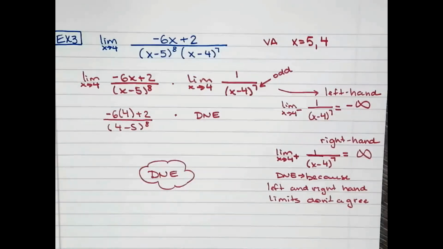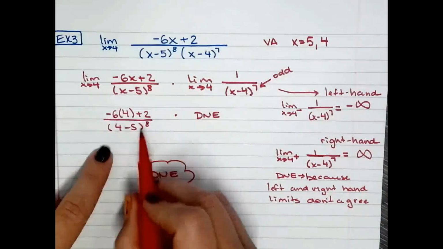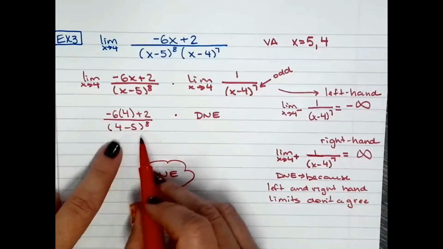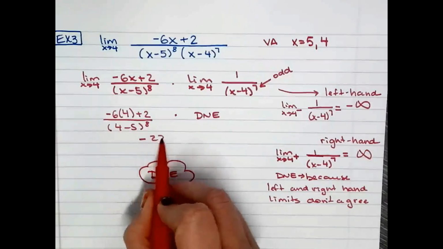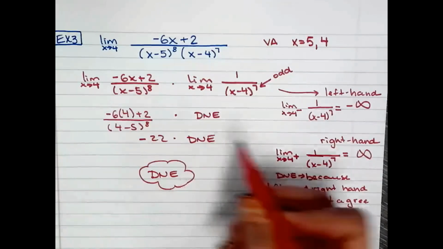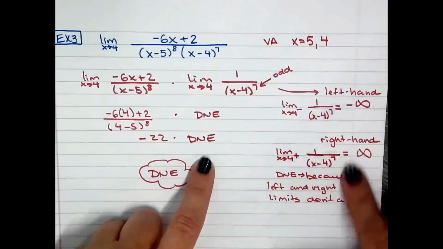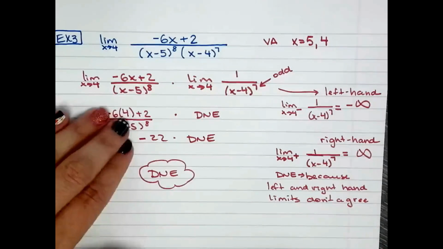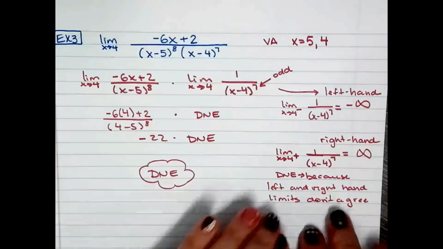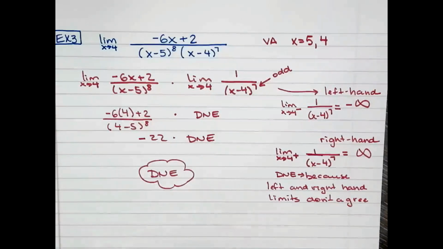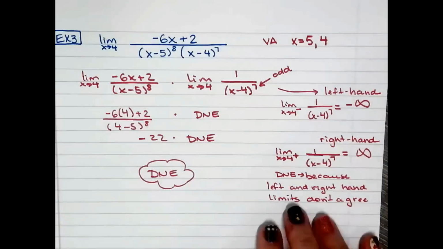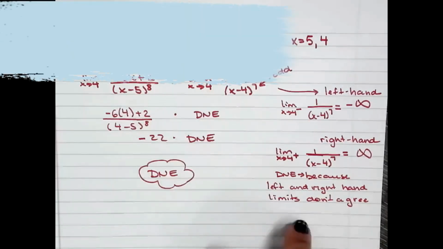It's a waste of time, but it's fine. Since we're here, negative 22 over 1 is negative 22, and still DNE just because. At this point that you already determined that this limit doesn't exist, there's no reason for you to continue. Just make sure you justify that the two limits don't agree, therefore the limit as x approaches 4 doesn't exist.